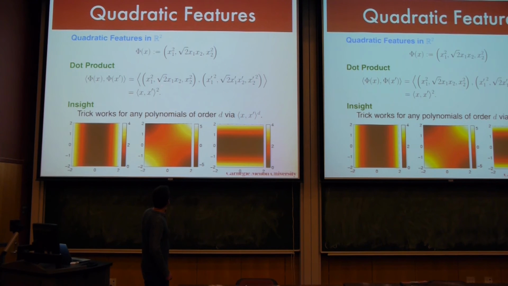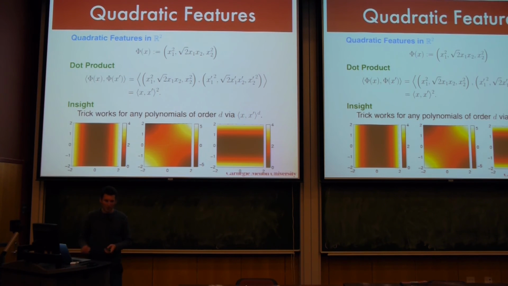So in other words, I never really have to compute those features explicitly in order to compute an inner product in that feature space. Which is quite awesome.